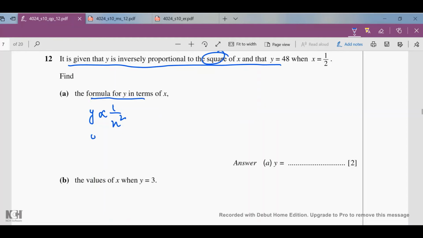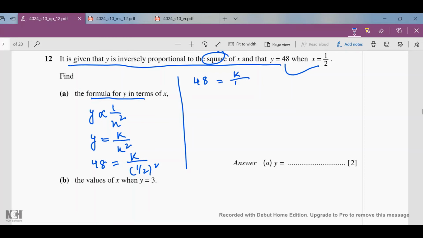When I remove this sign of proportionality, I will write k upon x square. 48, and this value of y is 48, and value of x is 1 upon 2 but whole square. 48 is equals to k upon 1 upon 4, because I want to make a square. 1 upon 4 will multiply in left hand side, and k is becoming 4 times 12, 12.